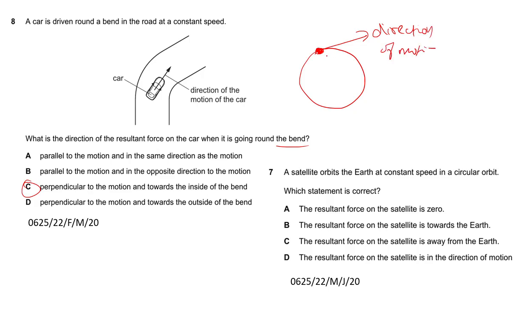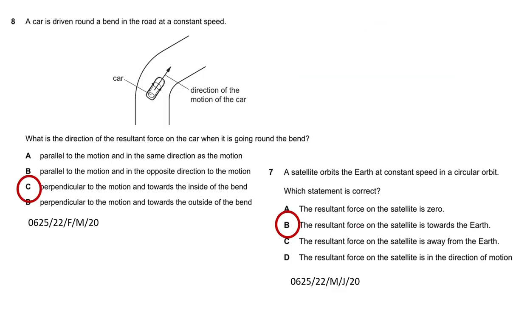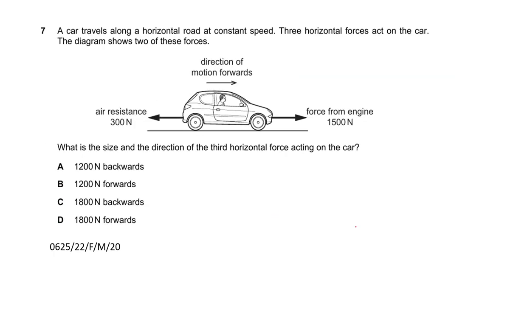So motion is in this direction and the resultant force is in this direction, and acceleration is also in this direction. It is not asked here. So for resultant force, it's towards the center, perpendicular to the direction of motion. Same goes for this question, as satellite orbits. All same concept, that's why I made it together. So again, for this also, the resultant force on the satellite is towards the Earth.